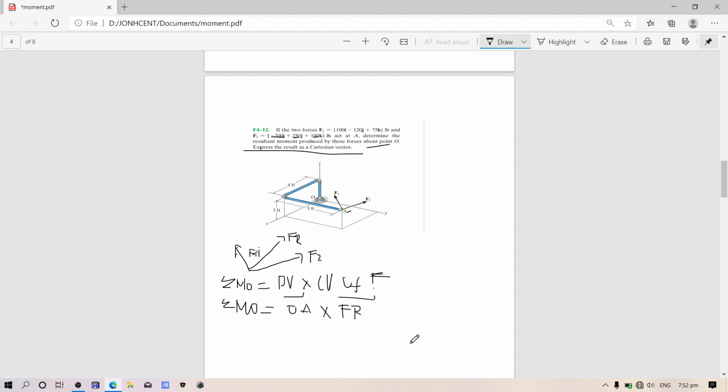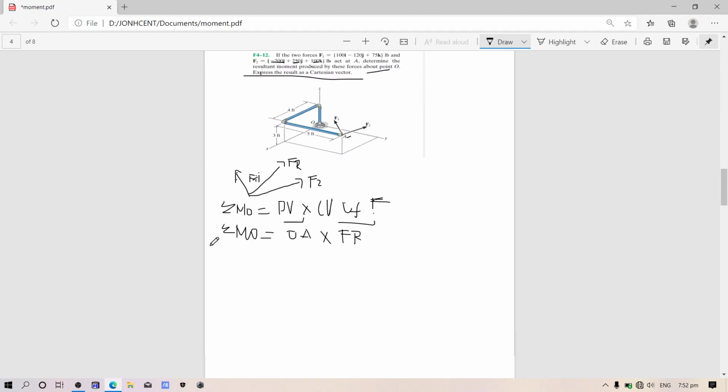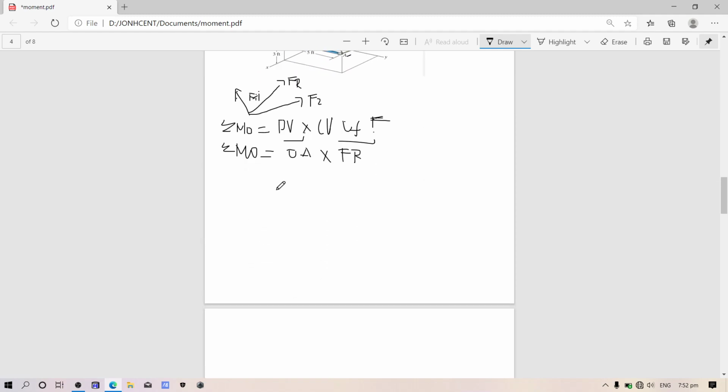Then, pag-a-add na natin yung dalawang forces since given siya as a Cartesian vector. So, F1, we have F2. So, that will give you 100I, yung nasa tanong lang, 120J plus 75K.